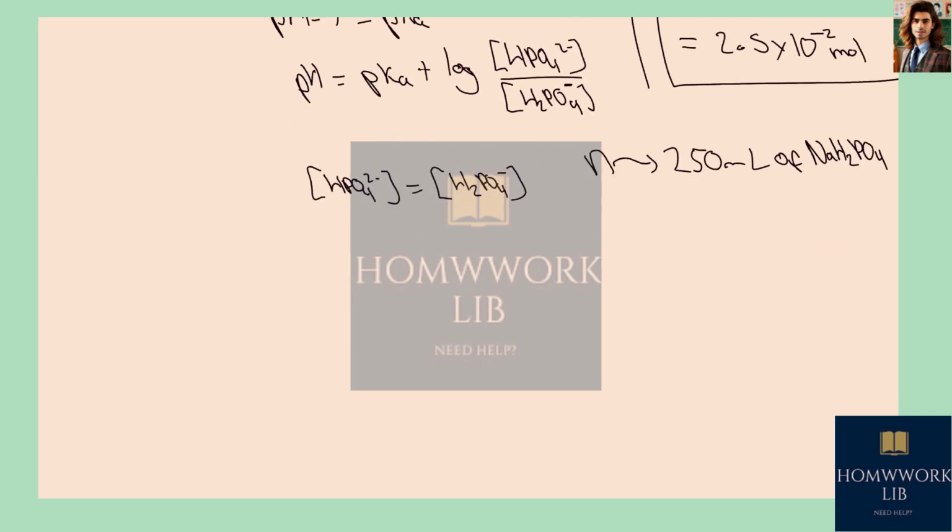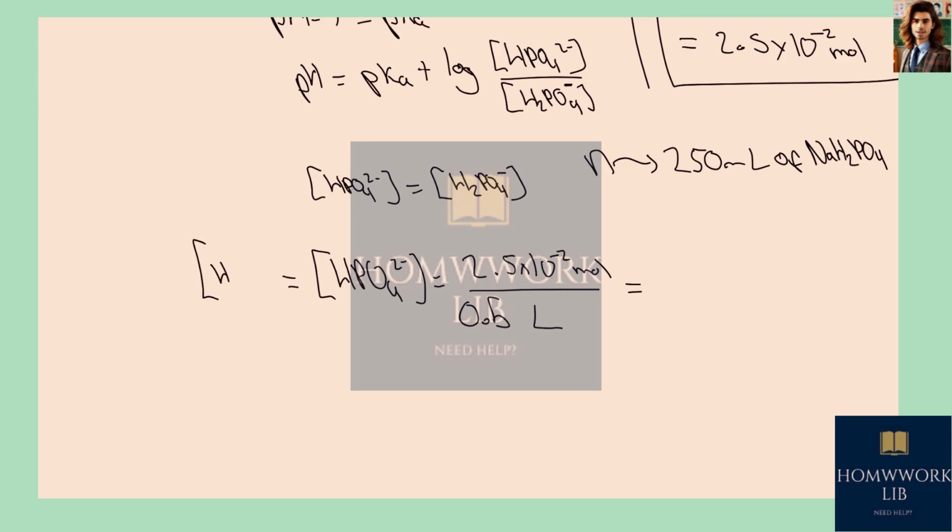So the total concentration of HPO4 2 minus is going to be 2.5 times 10 to the minus 2 mole divided by the new volume, in this case 500 milliliters or 0.5 liters of solution. And this concentration is at the same time equal to the concentration of H2PO4 minus. This corresponds to a concentration of 0.05 molar.